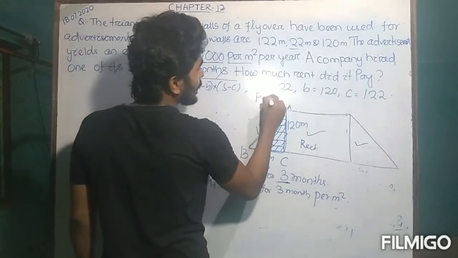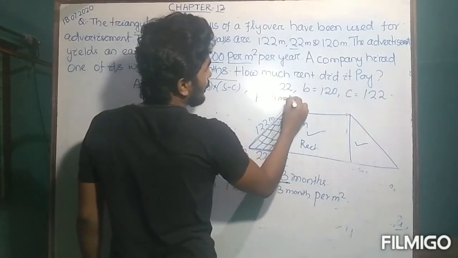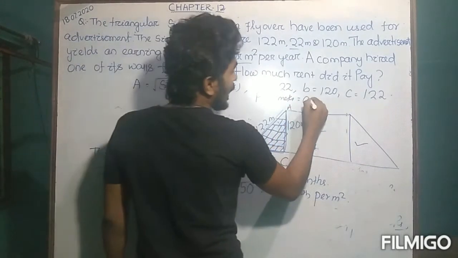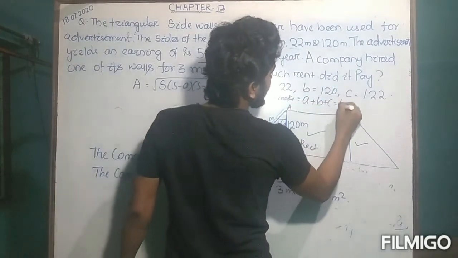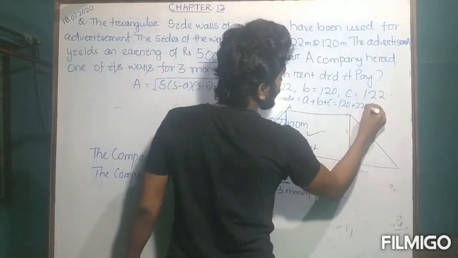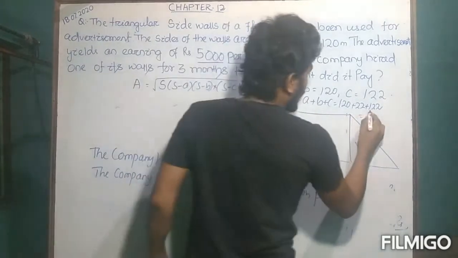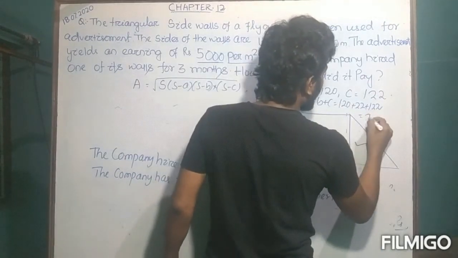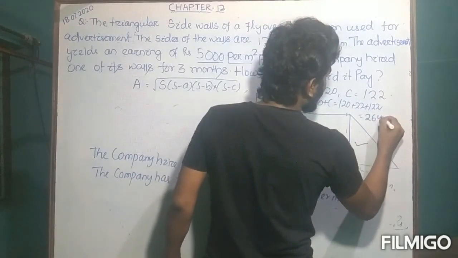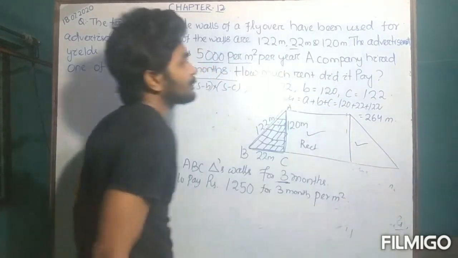Now the perimeter is A plus B plus C, that is 120 plus 22 plus 122, that is 264 meter.